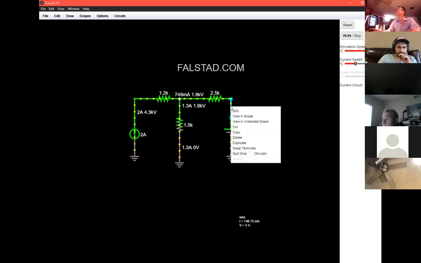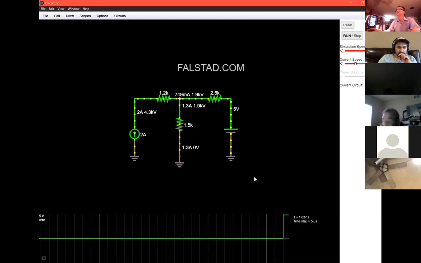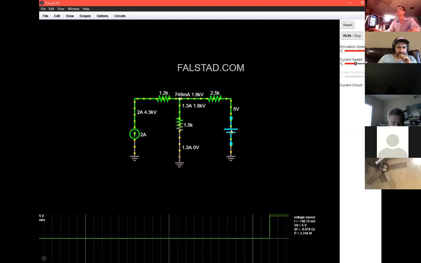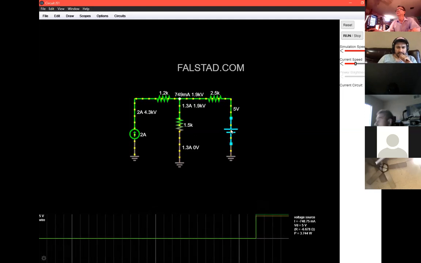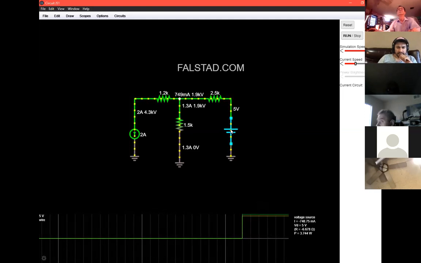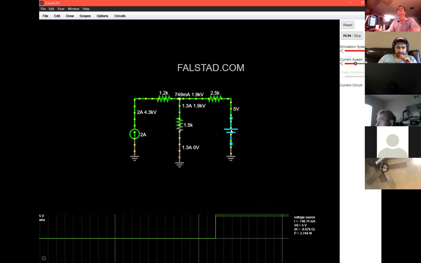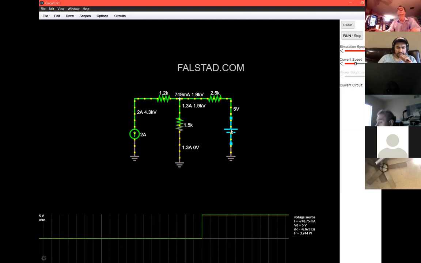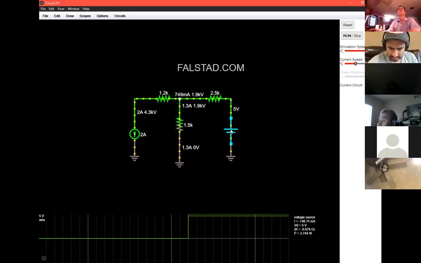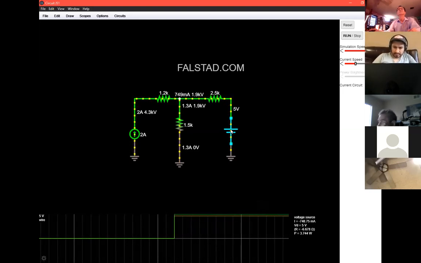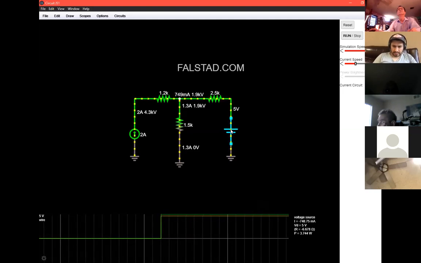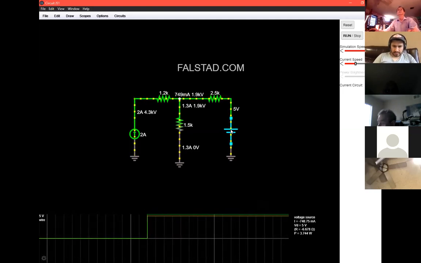Here's one thing too, I can turn on the scope and I can highlight each component. And when I highlight a component down on the lower right, it provides me the value of your voltage drops, your current, and power moving through that component at that particular time.